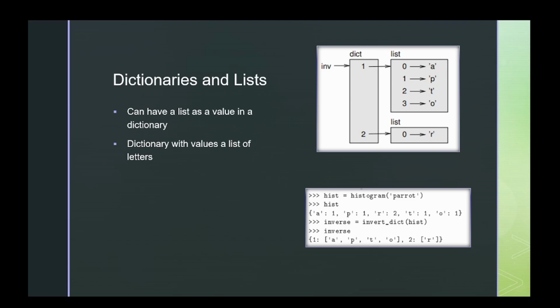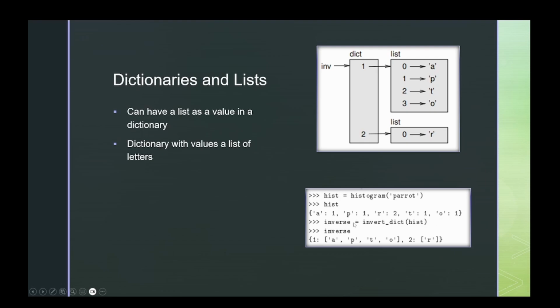So for example, here I've got a dictionary with keys 1 and 2, and the value associated with key 1 is actually a list of A, P, T, O, and the value associated with number 2 is an R. So here we can see we have a function that we created called histogram, and it is going to be given A 1, P 1, R 2, T 1, O 1.